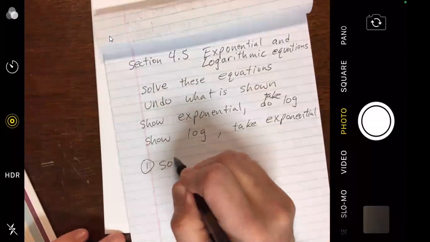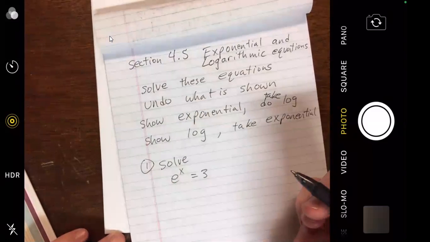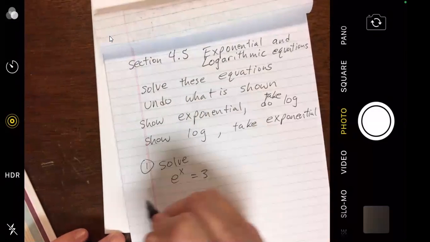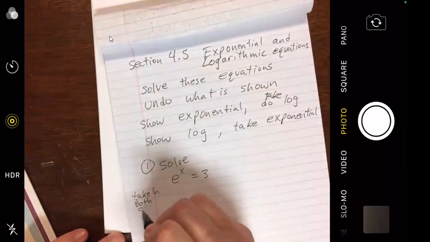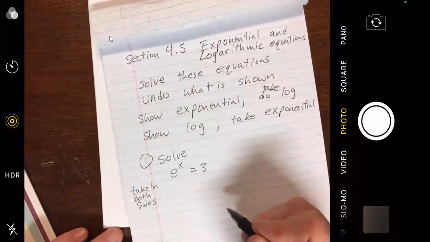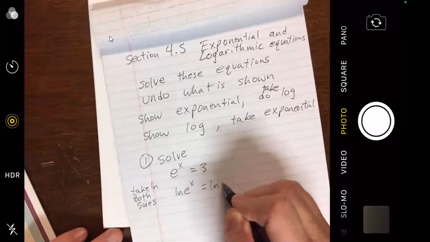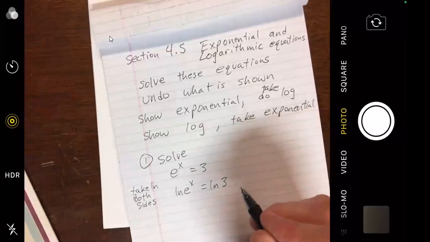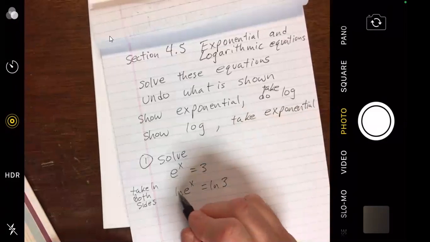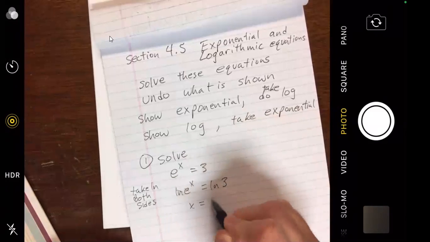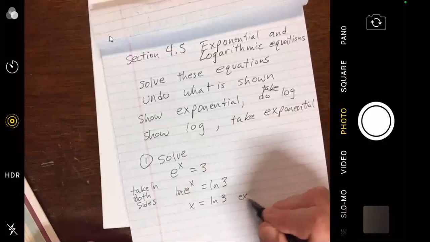Let's say we want to solve e to the x equals 3. So what we do is we take ln of both sides. ln of e to the x is equal to ln of 3. These undo. x equals ln 3. This is called the exact answer. And the book will ask you for some exact answers.